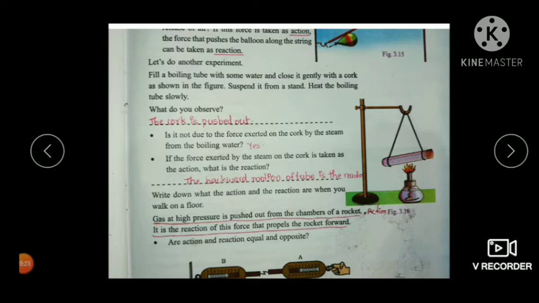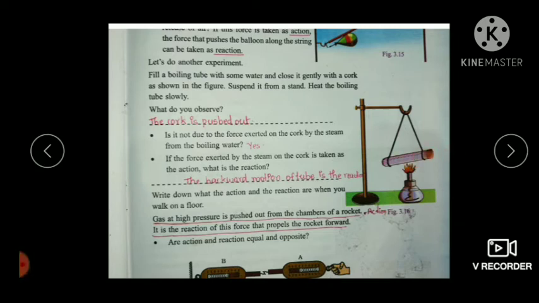After heating for a long time, what happens? The water inside the boiling tube converts into steam. What do you observe? After some time, the cork is pushed out of the boiling tube.